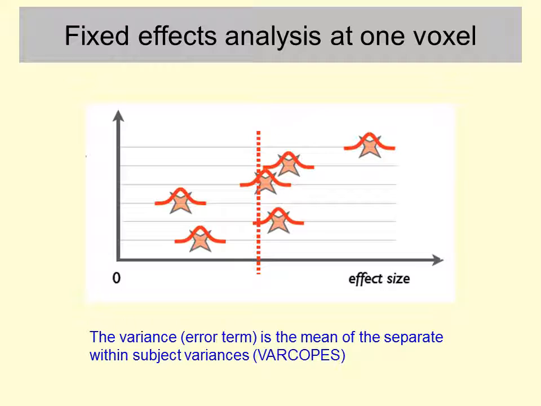So we can use that information to perform what's called a fixed effects analysis at one voxel, which is one way of thinking about your error variance. And in a fixed effects analysis, the variance or error term is the mean of the separate within subject variances. So these are all shown as actually.